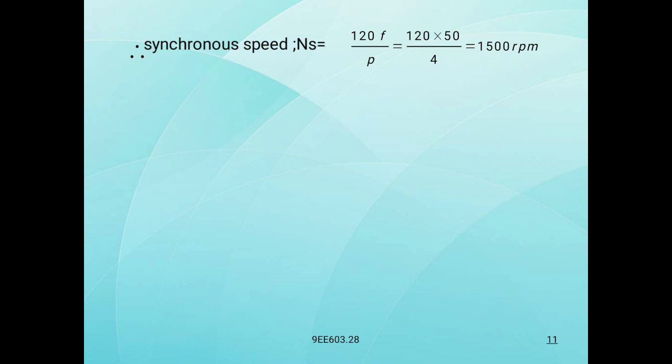Now the synchronous speed Ns is equal to 120 F by P, that is 120 into 50 by 4, as the number of poles is 4, that is 1500 rpm.